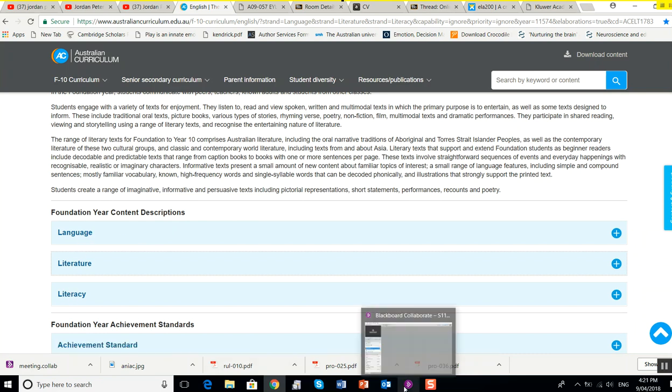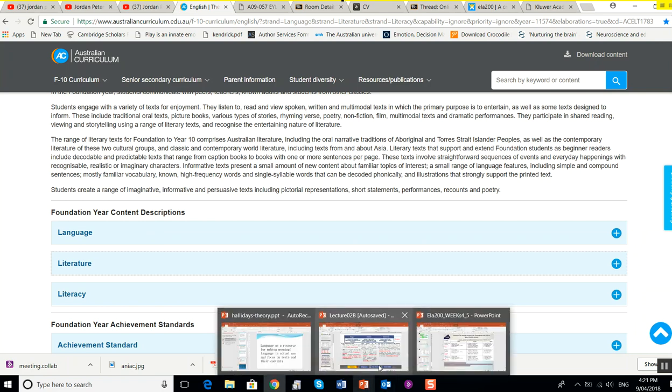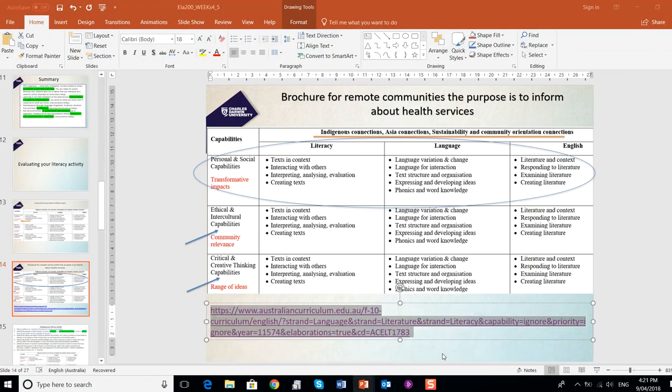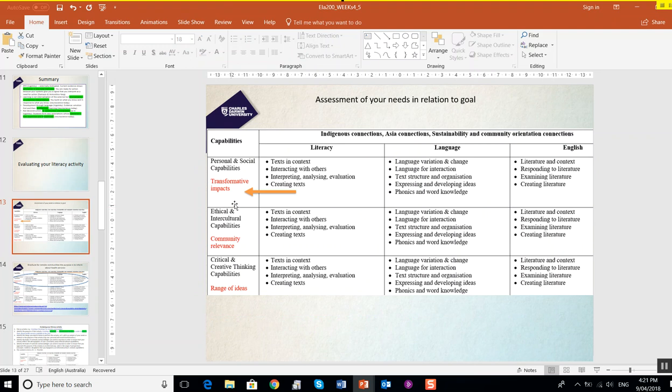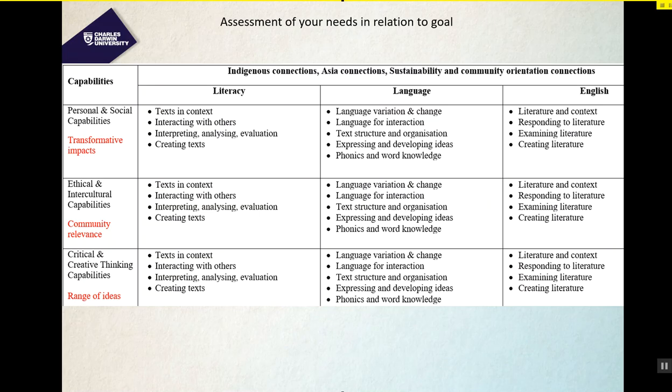So we had this framework here. Forget that for a moment. So what we will do, we have this table organized now.